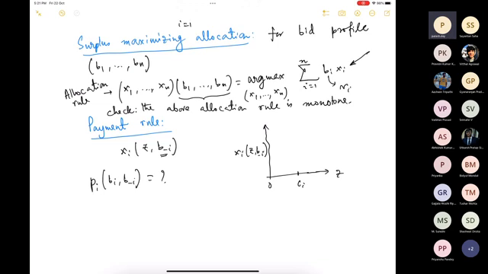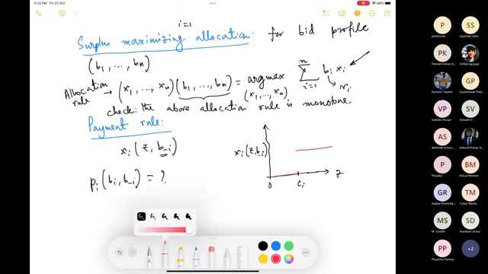So this allocation really looks like it is 0 till a certain value, and once it has crossed that value, this item will be picked. This is one form, isn't it? These xi's are 0, 1 values.